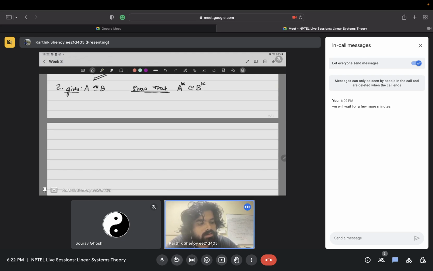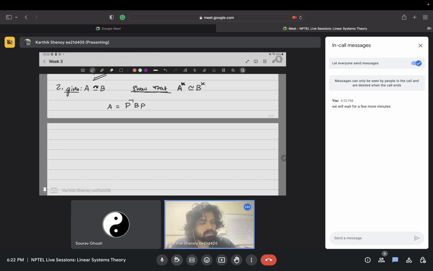You can unmute and say. Maybe we can start by finding a model matrix. We don't need to find it actually. We can just say A equals P inverse BP.